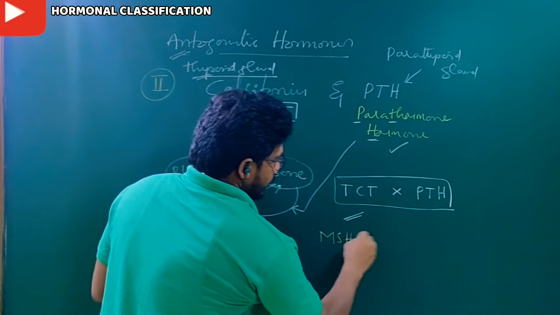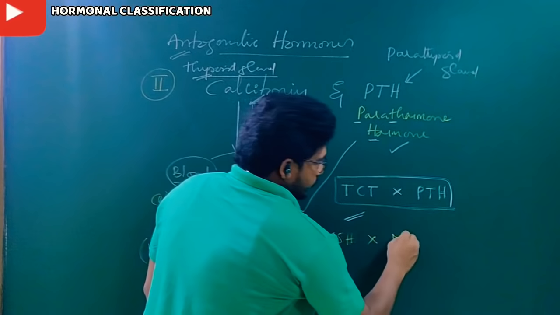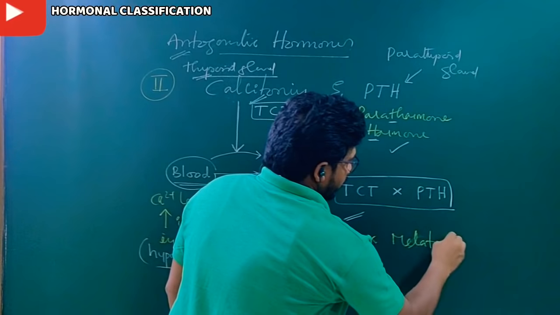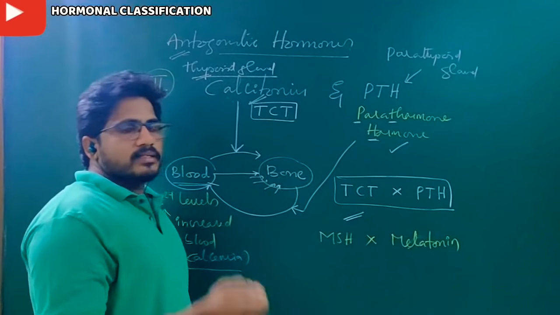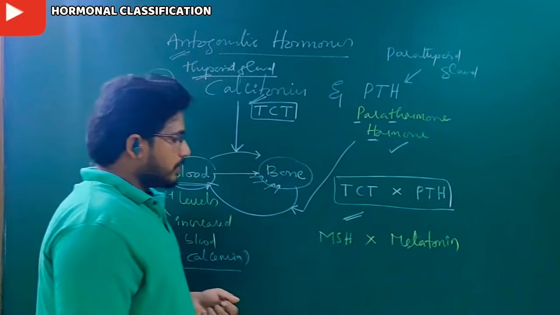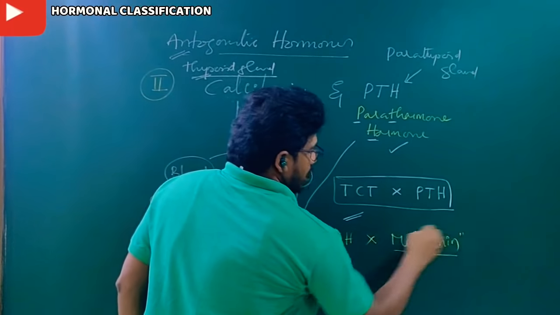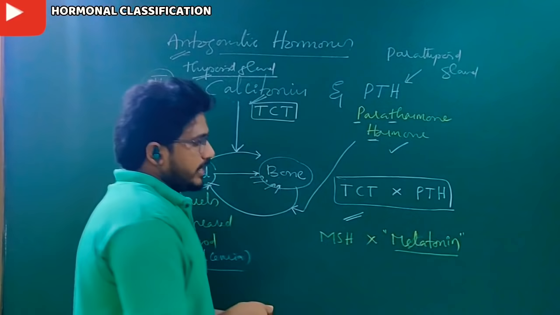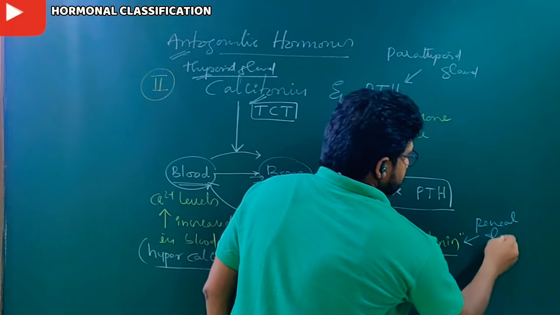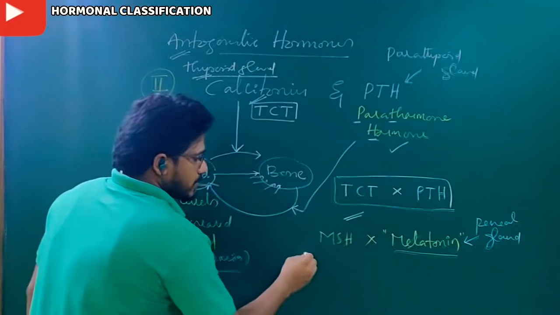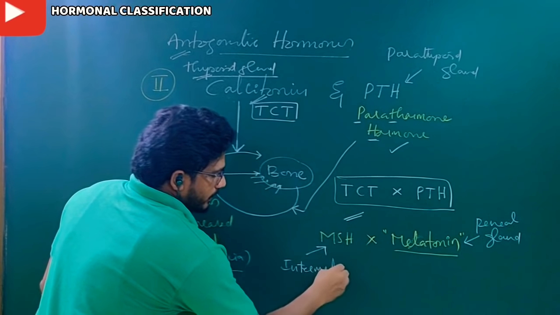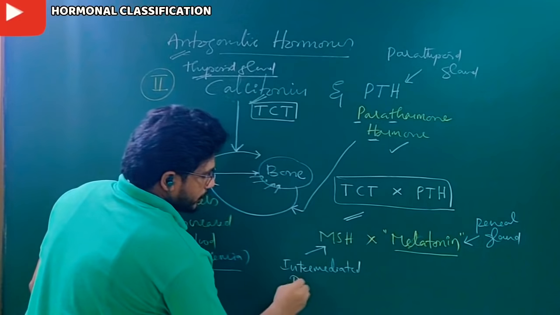MSH is opposite to melatonin. Melatonin, not melanin. Melanin is a protein that helps our skin pigmentation, right? But here melatonin is a hormone secreted from the pineal gland. MSH is coming from the intermediate pituitary.